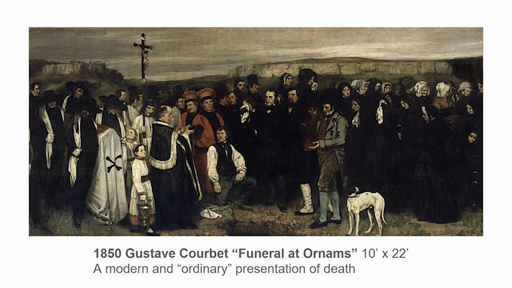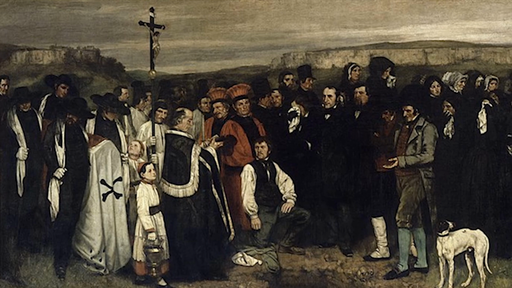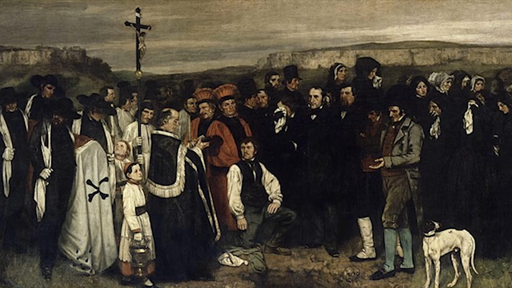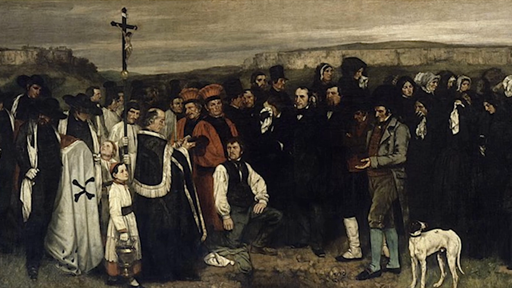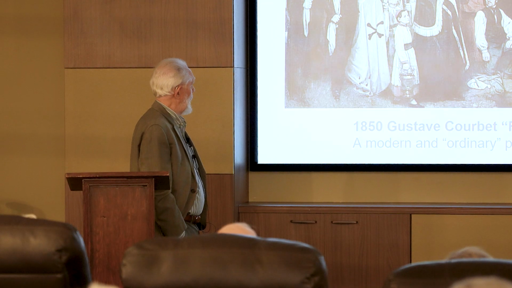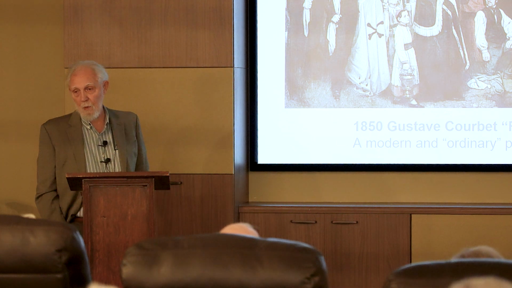Small, little, unimportant hamlet in France. And people in that town could look at this painting and recognize some of their portraits in this painting. But basically, what he's doing, look at the coloring again. Notice how somber the coloring is.